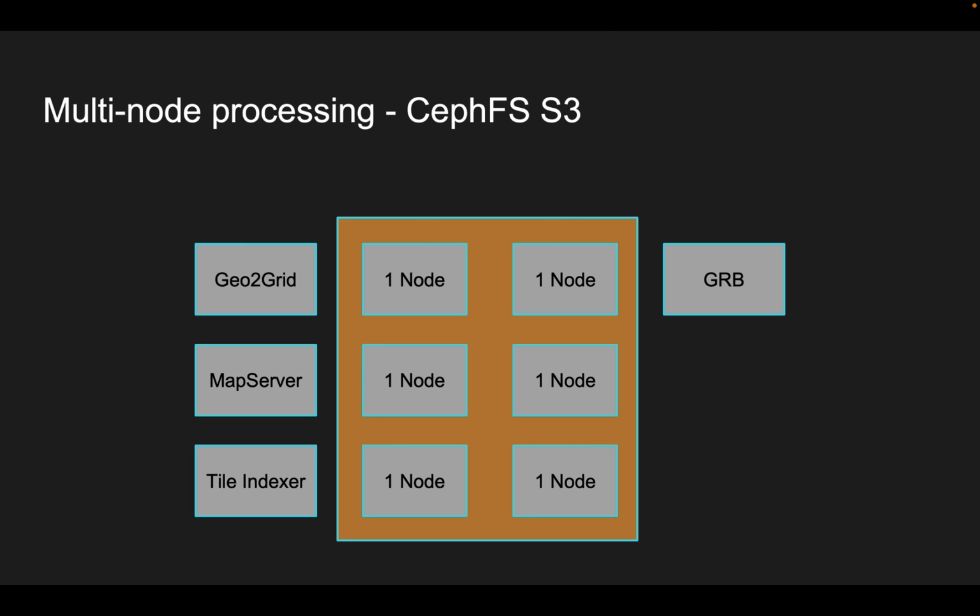So theoretically, we should be able to have GeoGrid in one place, GRB in another, MapServer in another, or even replicate these things, because there isn't a good reason to have multiple instances of MapServer if they're all on the same node. But with this solution, MapServer could be on all of the nodes, handling requests in parallel and doing things hopefully very fast. So I'm really looking forward to that.